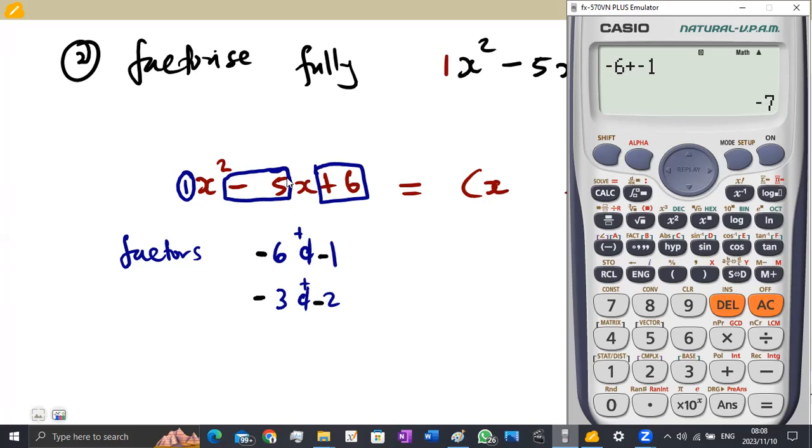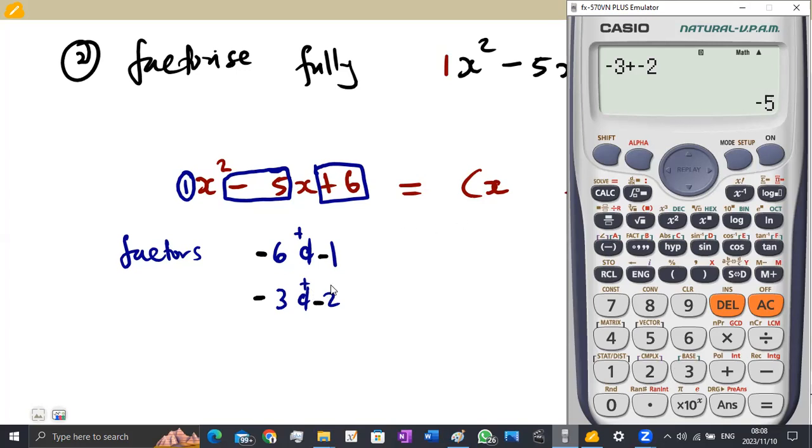It is not giving us -5. So you move on to the other one, -3 plus -2. This is going to give us a -5.